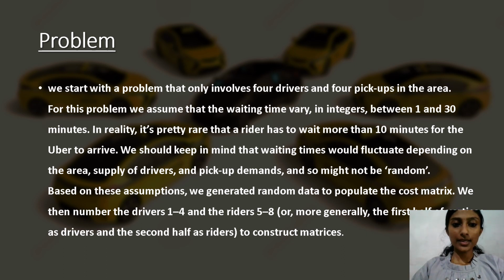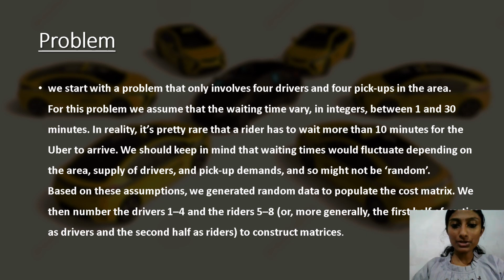For this problem, we assume that the waiting time varies in integers between 1 and 13 minutes. In reality, it is pretty rare that a rider has to wait more than 10 minutes for the Uber to arrive. We should keep in mind that waiting time would fluctuate depending on the area, supply of drivers and pickup demands, and so might not be random.